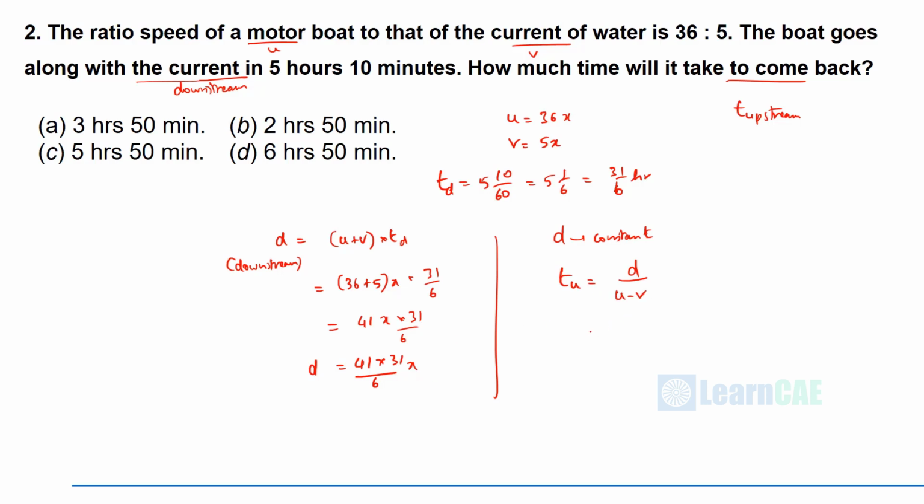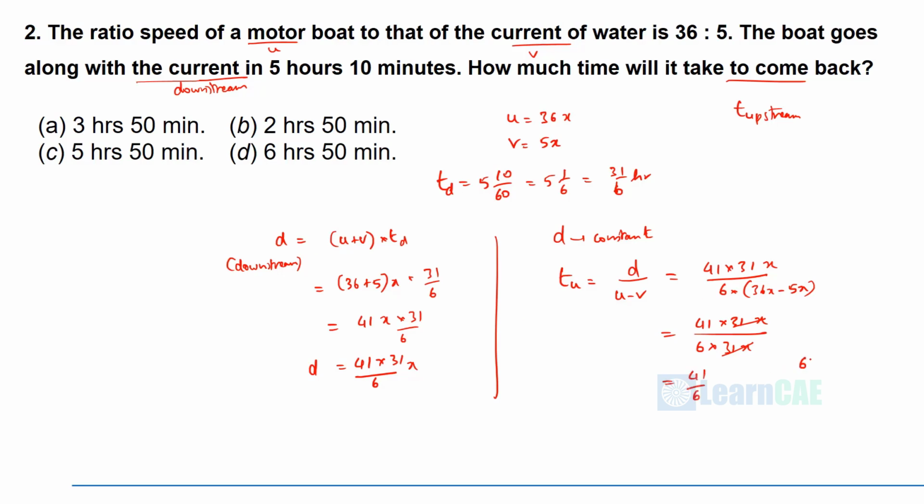So we can substitute the value here. D is equal to 41 into 31x by 6. u minus v is 36x minus 5x. This will be equal to 41 into 31x divided by 6 into 31x. This will get cancelled. So the answer will be 41 by 6.